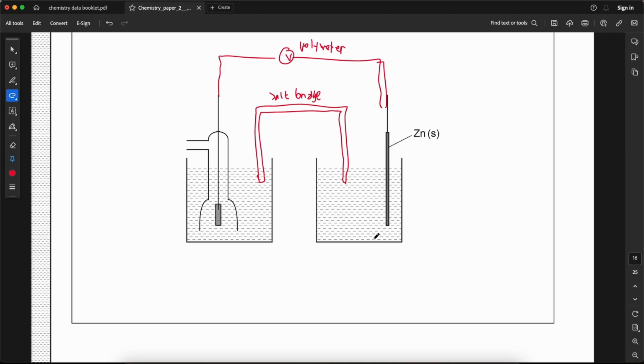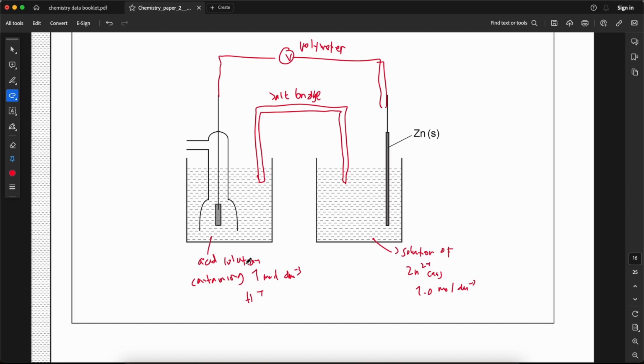and because zinc is right here, this will be a solution of Zn2+ aqueous, which should be 1 molar, and this one should be an acid solution containing 1 mol dm^-3 H+, because the standard hydrogen electrode potential should be 0.00.